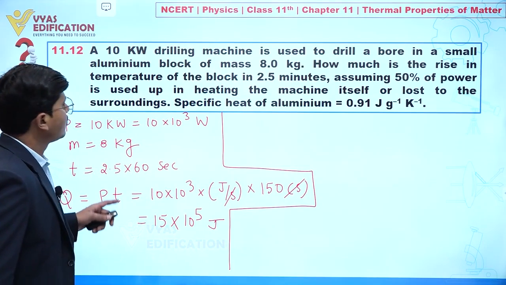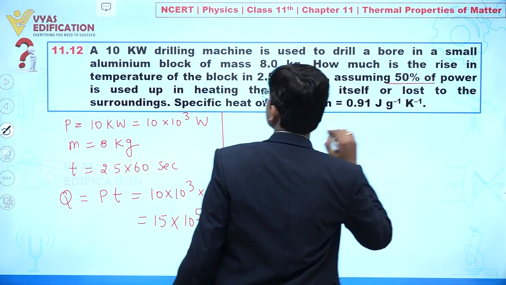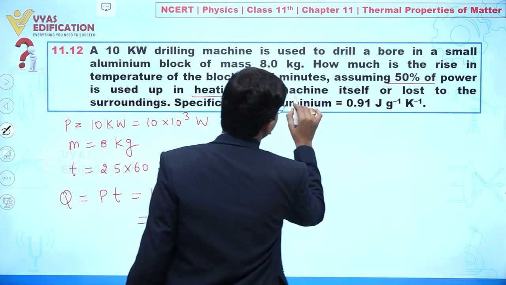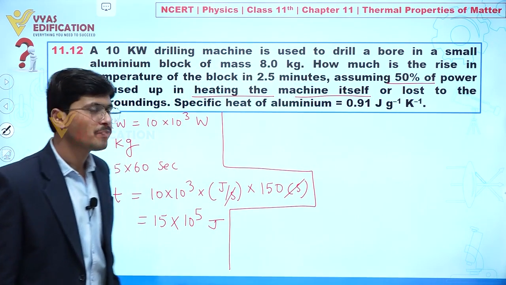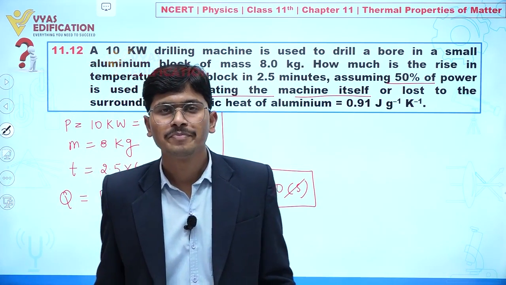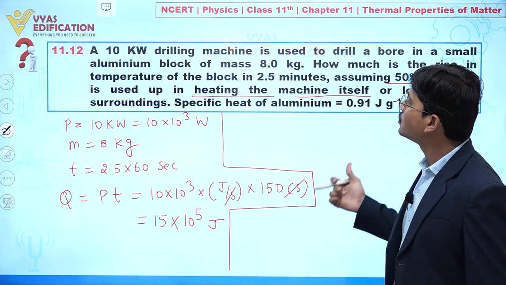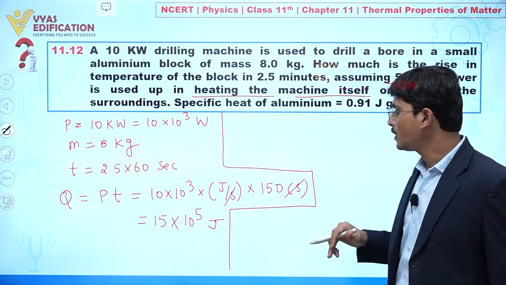Now we can see in this question it is given that 50% of power is used up in heating the machine itself. So 50% of power is utilized in heating the machine.